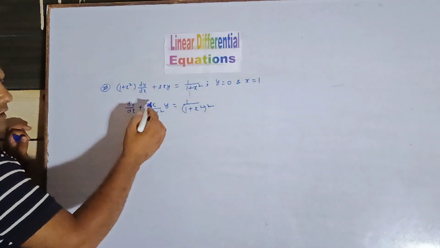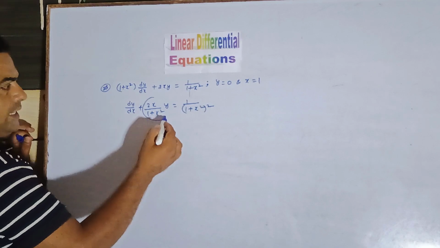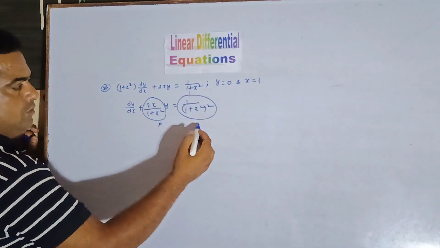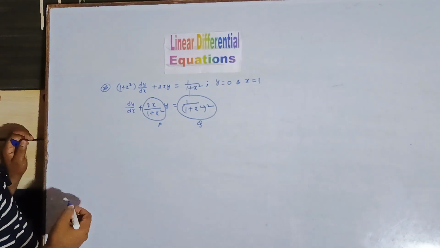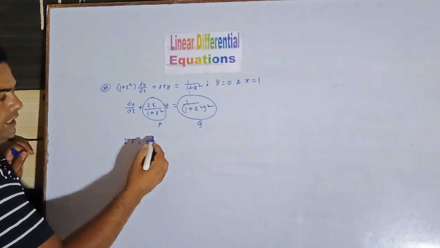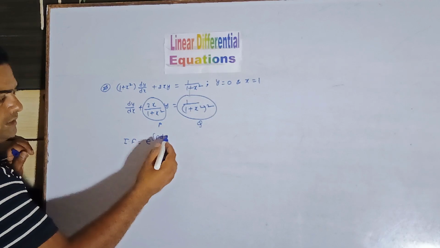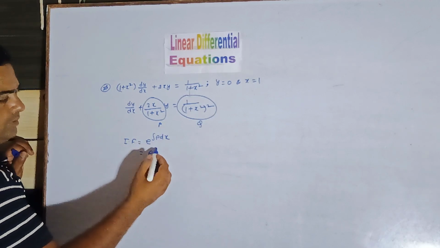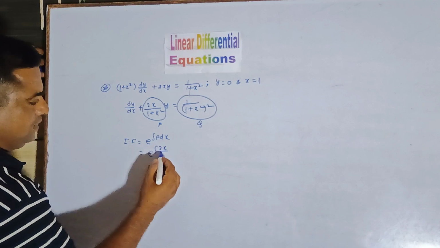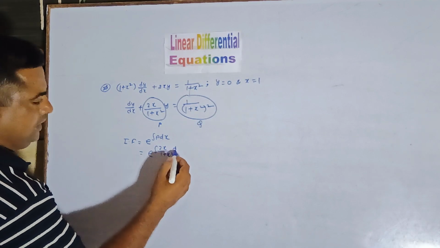Correct? Now the value of p will be 2x upon 1 plus x square. The value of q will be 1 upon 1 plus x square, whole square. So the integrating factor will be e to the power integral of p dx, which is e to the power integral of 2x upon 1 plus x square into dx.